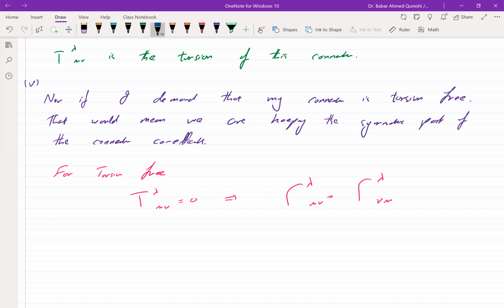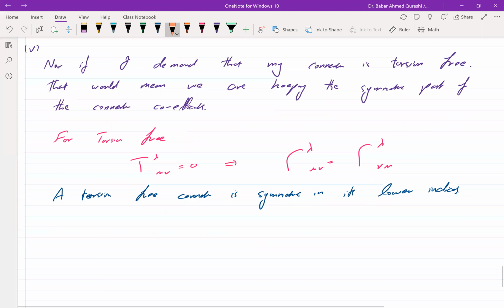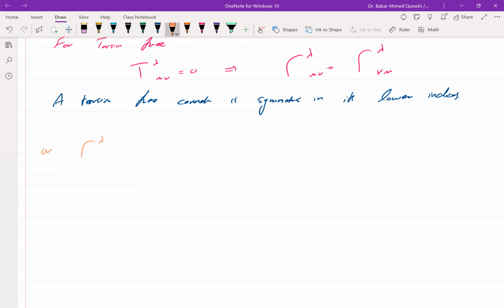So a torsion free connection is symmetric in lower indices. And you can think of it that, starting with any coefficients, because any indexed object we can write as a symmetric plus antisymmetric part, you are putting this equal to 0 and only keeping the symmetric part.